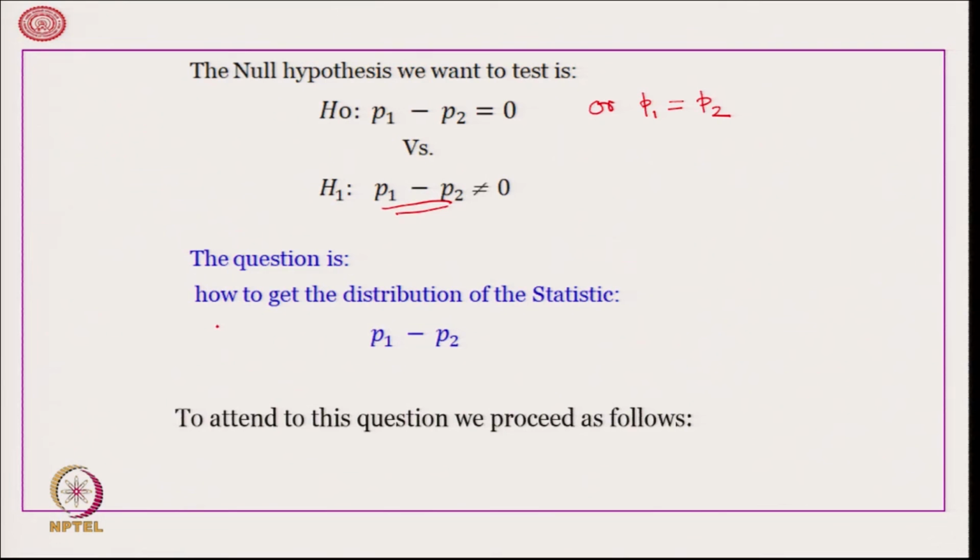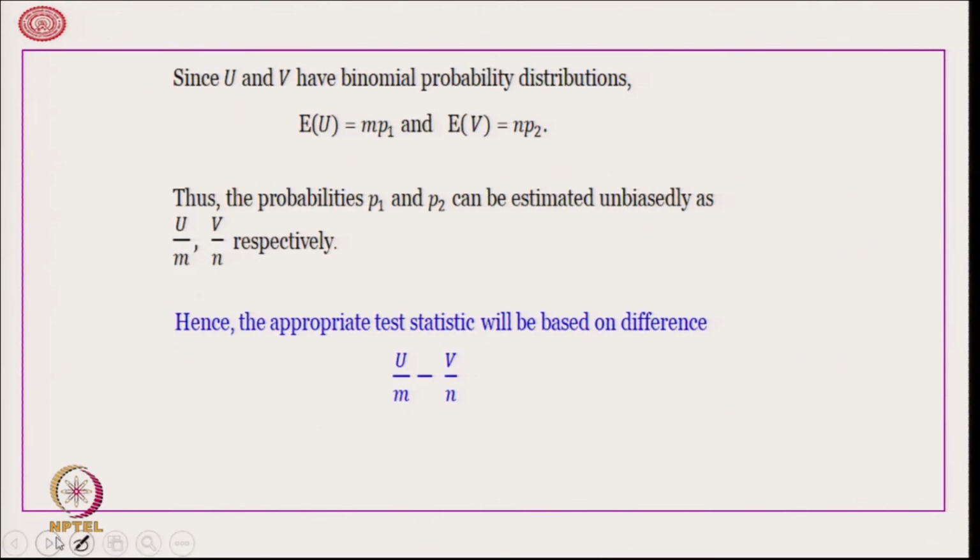Therefore, the question is how to get the distribution of the statistic P 1 minus P 2. To attend to this question, we proceed as follows. Since u and v have binomial probability distributions, expected value of u is equal to m p 1 and expected value of v is equal to n p 2.